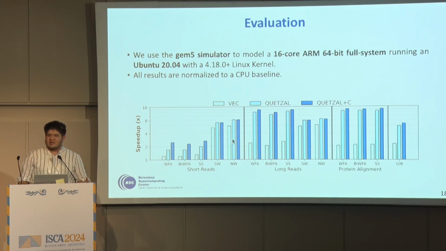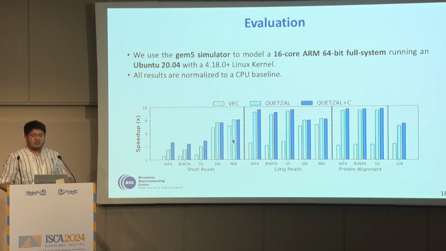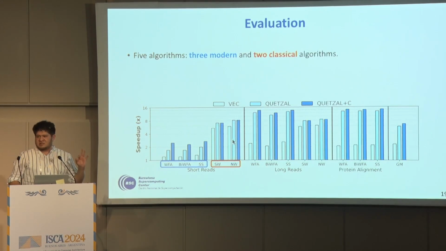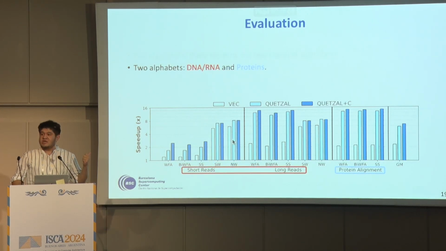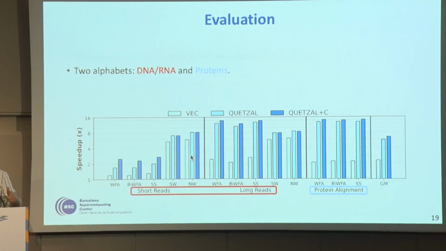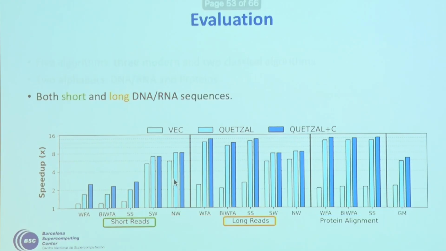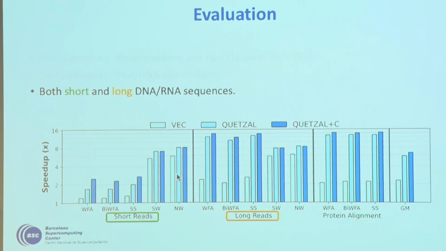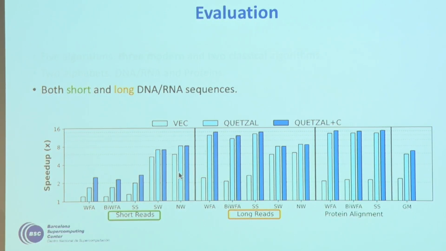To show that QUETZAL has the flexibility that we require, we used a really extensive methodology. First, we evaluate 5 different algorithms, 3 modern and 2 classical. Next, we use more than one alphabet, DNA and proteins. Third, we analyze short and long sequences, another requirement that I told you at the beginning.